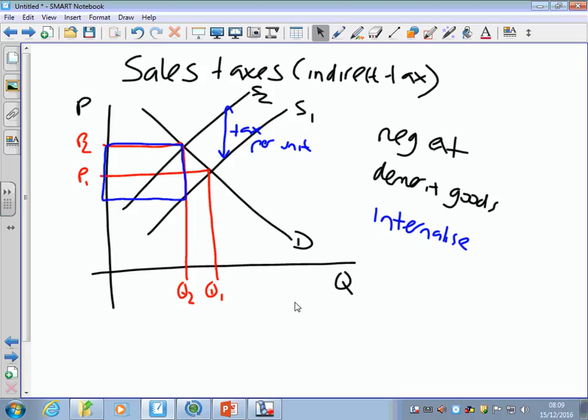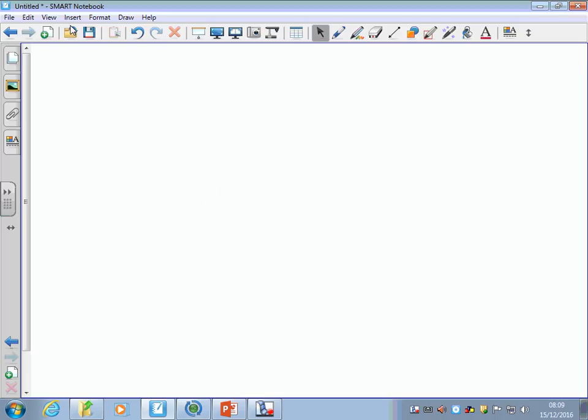If that happens, it means that the market is paying for the external costs, and it means the people that have been affected in a bad way are now being compensated for what happens. Okay, so sales taxes are designed to lower production and consumption of something, in order to correct things like negative externalities. Now on that theme, we can also bring in place pollution permits.